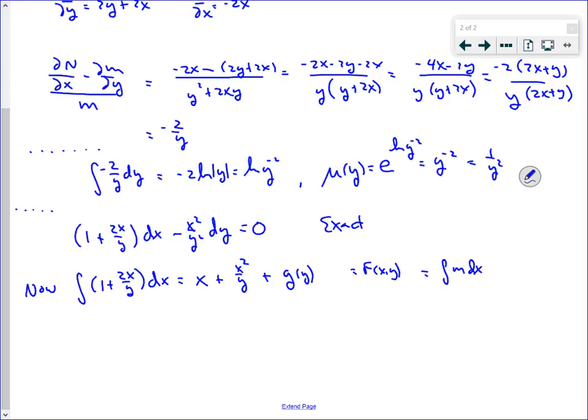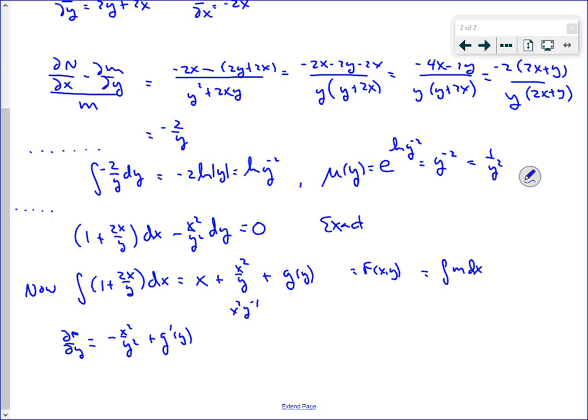So if we take the partial of that with respect to y, the derivative of the x part is 0. The derivative of the rest of it is going to be minus x squared over y squared, because this is x squared y to the minus 1. Okay. And then I don't know what the derivative of g is.